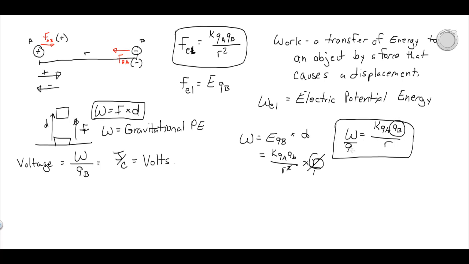Okay, so I'll divide that over here, and I get that the voltage now equals work divided by the charge of B, which also equals K, my original charge, the charge that's my reference for my electric field, divided by R. Or I could say that the voltage times the charge that we're moving into the electric field equals the work. So this is the work required to move a certain charge inside an electric field with a voltage of V. And so this is another equation.